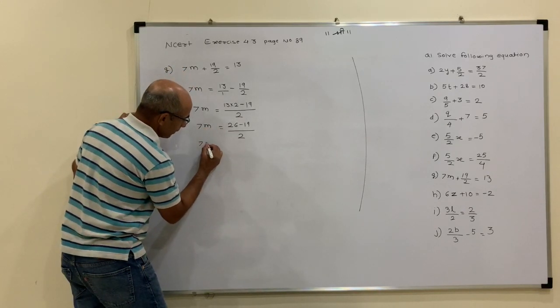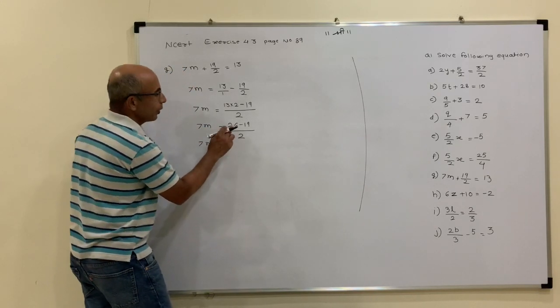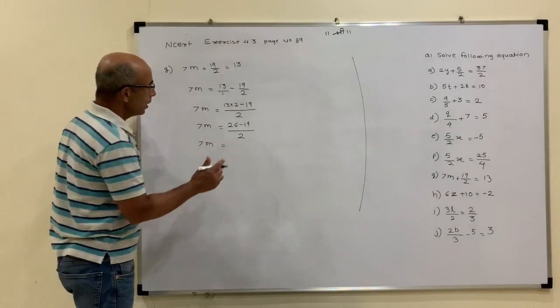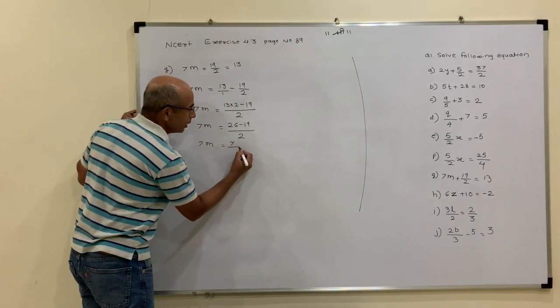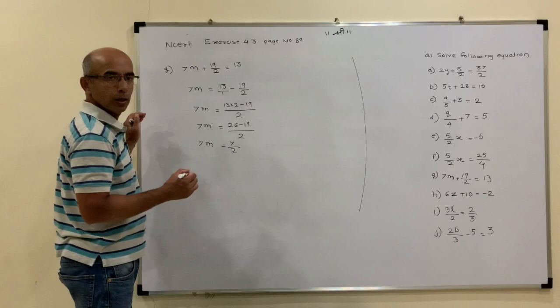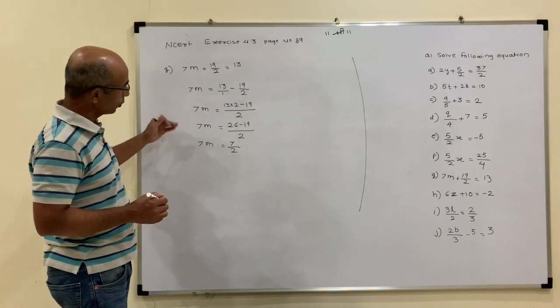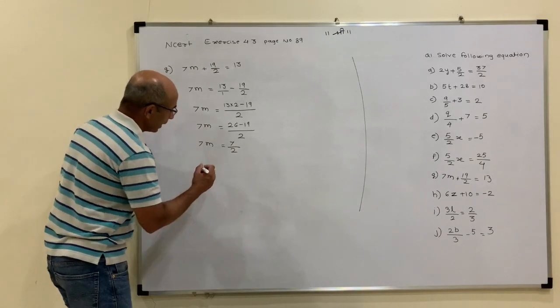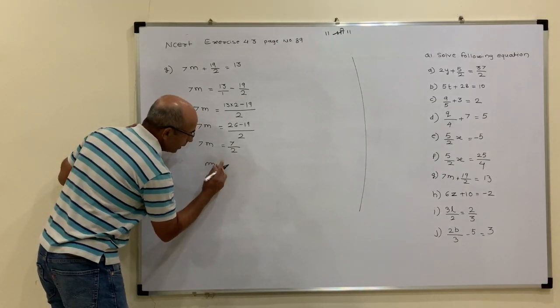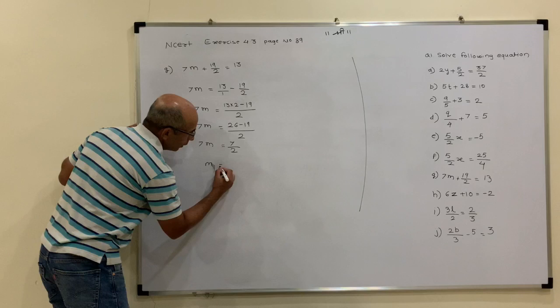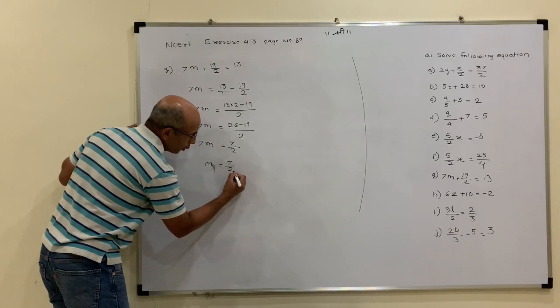So next step will be 7m equals to 26 minus 19 comes out to be 7 divided by 2. Now 7 is multiplied on the left hand side, so I am going to transpose it onto the right hand side. So my next step will be m equals to 7 divided by 2.